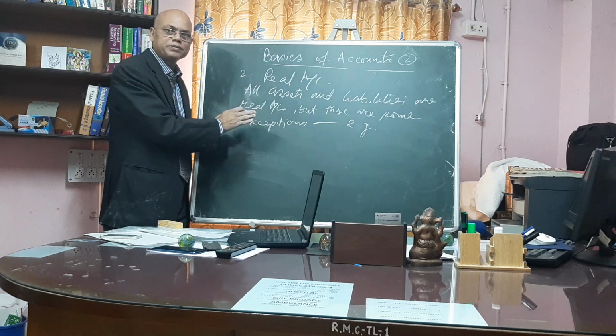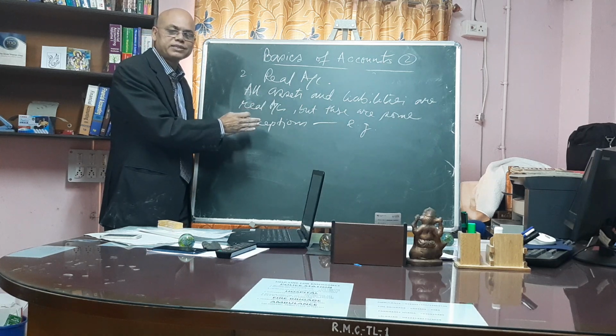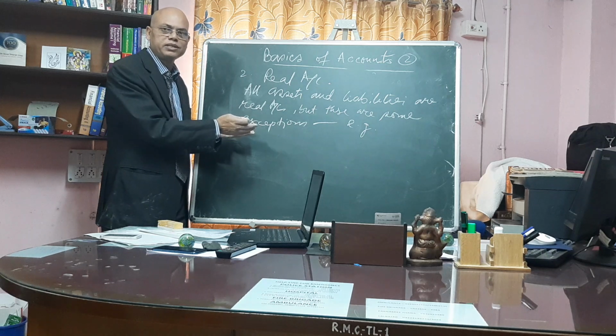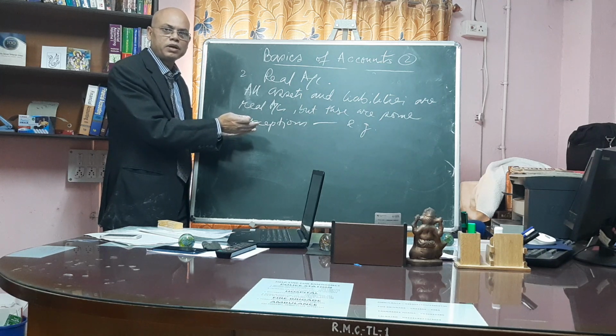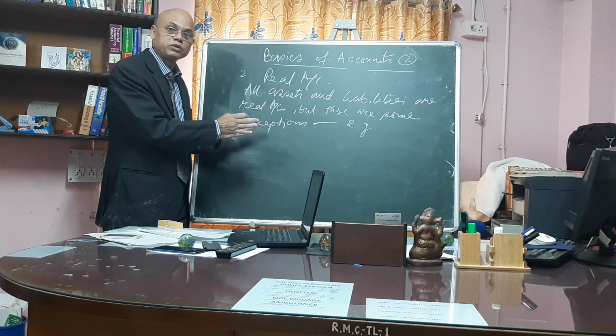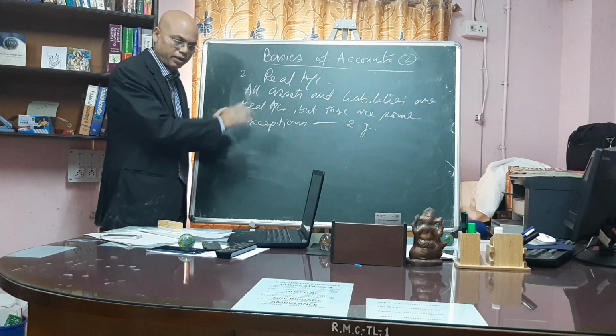And assets, you know, tangible asset, intangible assets. The tangible assets which we can see, we can touch, those are visible or touchable, and intangible assets which we cannot see, we cannot touch, like goodwill, patent, copyright, etc. But those are coming under the head real account.